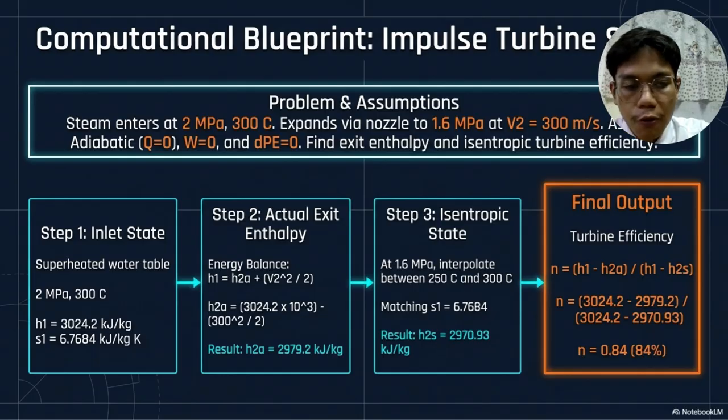So the result of the total calculations for the isentropic outlet enthalpy is 2970.93 kilojoule per kg. For the final output, turbine efficiency is H1 minus H2 actual over H1 minus H2 isentropic. We got 0.84, or about 84% efficiency for this device.